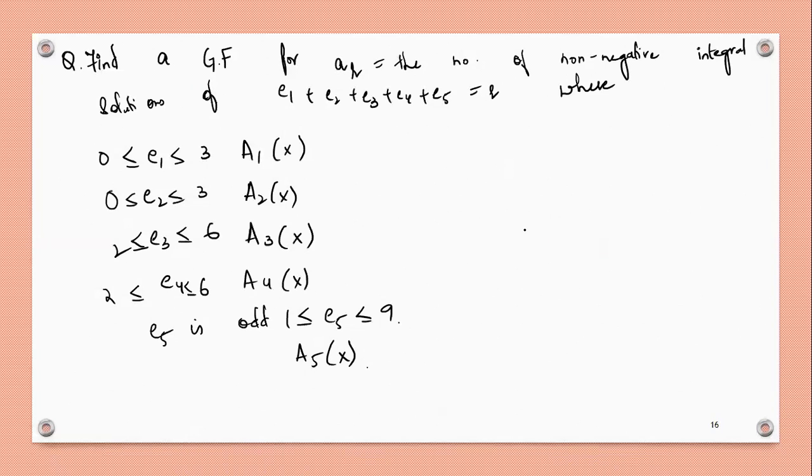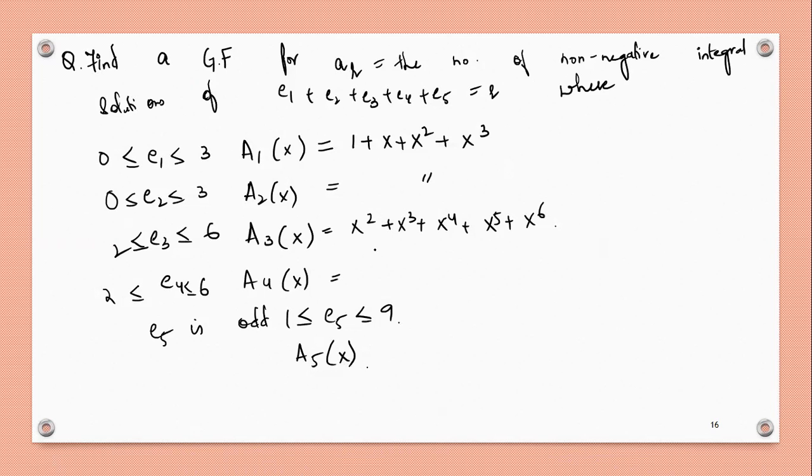Now the generating function for A1 will be between 0 and 3, so 1 plus x plus x square plus x cube: 0, 1, 2, 3. Similarly for E2, it will be the same thing. For E3, we will have 2, 3, 4, 5, 6, so x square plus x cube plus x power 4 plus x power 5 plus x power 6.